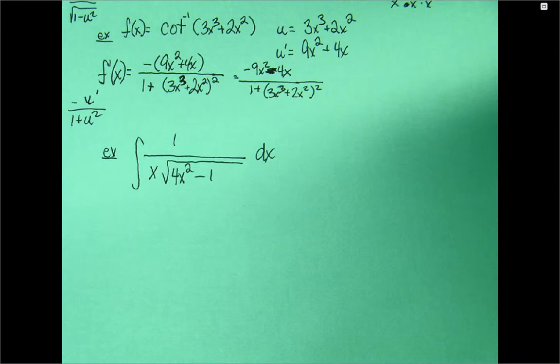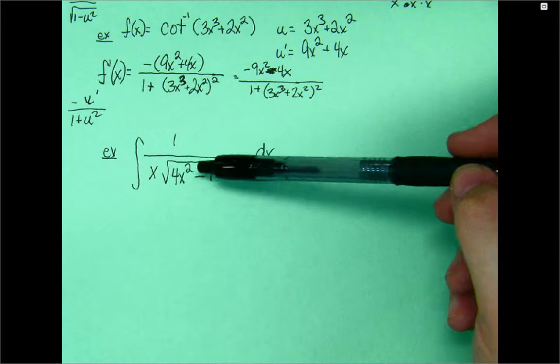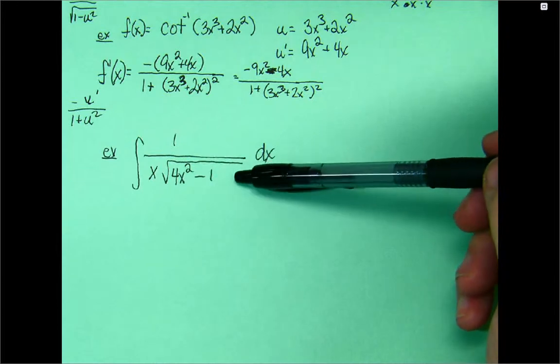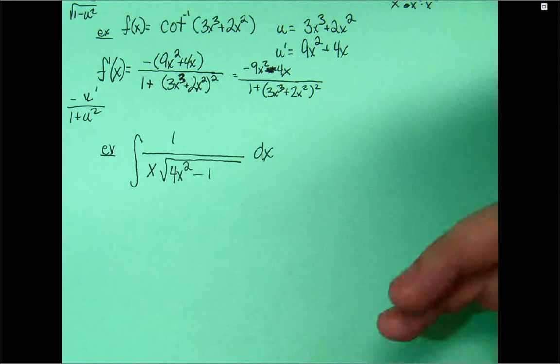And which one has a function times the square root of u squared minus something squared? Yeah, okay, so this is going to be the arcsecant.